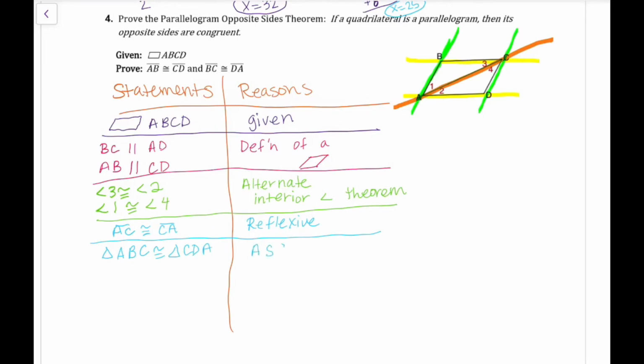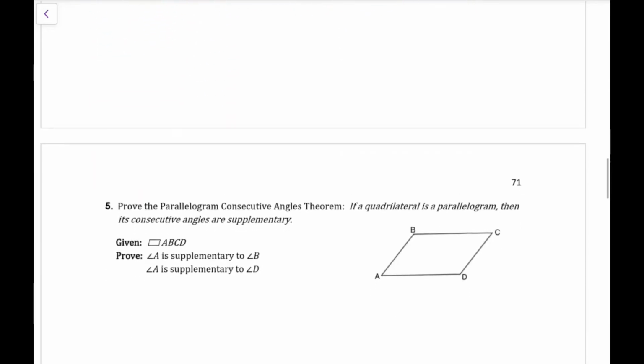We've shown two angles are the same and a side in between those two angles. So now we can show that AB is congruent to CD and BC is congruent to DA, because if those triangles are congruent, then the corresponding parts of the congruent triangles are congruent.